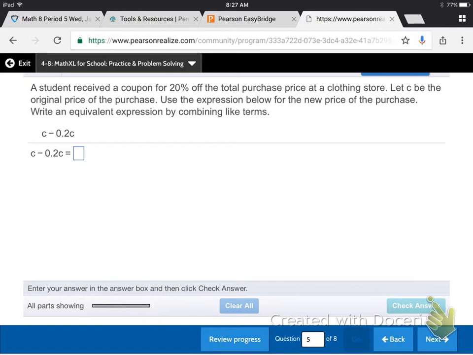Okay, next problem. We're over halfway done now. It says a student received a coupon for 20% off the total purchase price. Let C be the original price. Use the expression below to find the new price. So write an equivalent expression by combining like terms, just like what we've been doing. How many C is this again? It's 1C minus 0.2C.